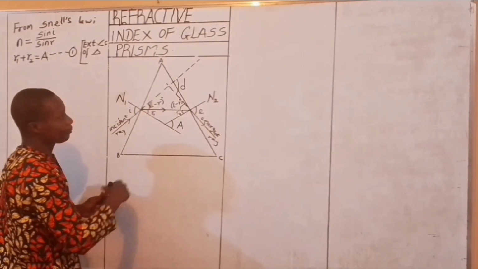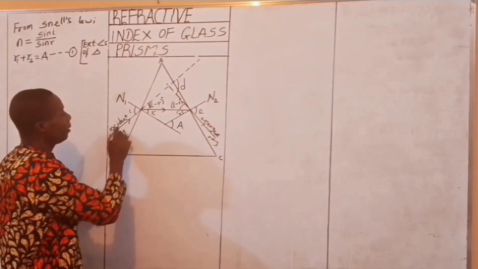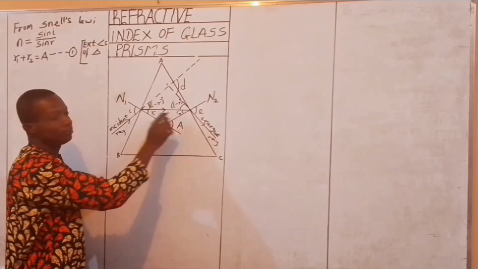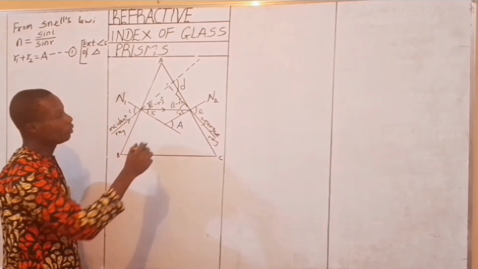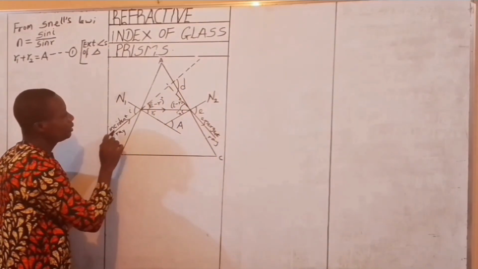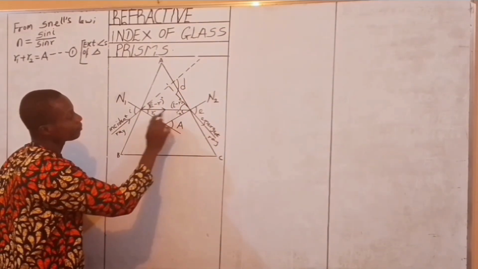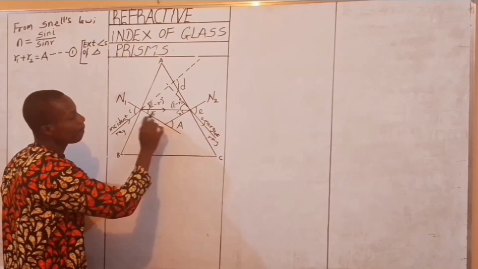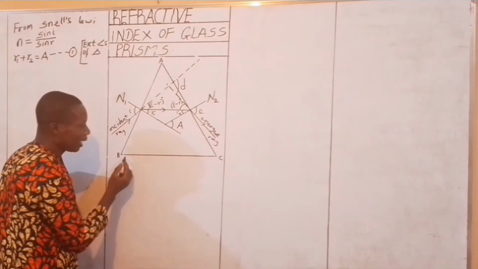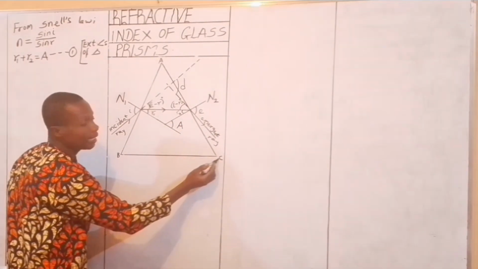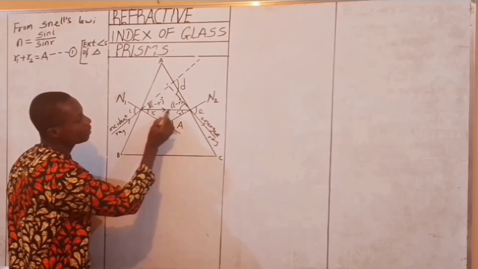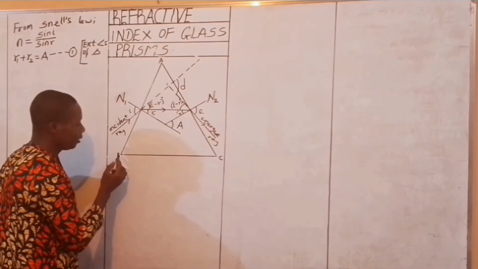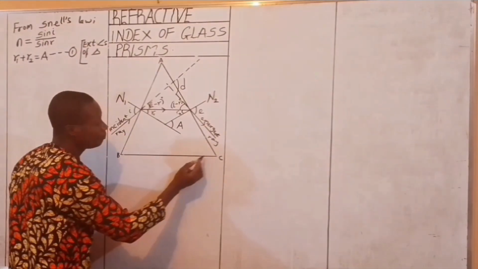Given that the ray passes through the prism symmetrically, that is at minimum deviation. So at minimum deviation, the ray is refracted inside the prism in such a way that it is parallel to the base. The refracted ray inside the prism is parallel to the face BC.